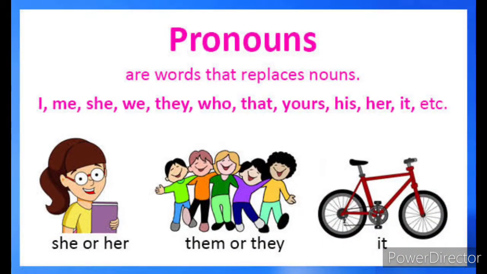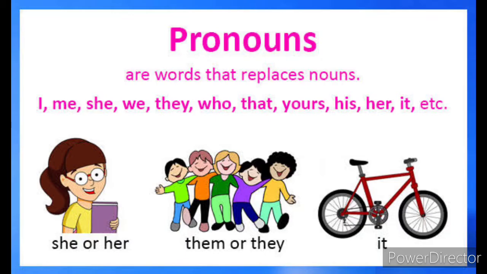Children, first let's know what is meant by pronouns. Pronouns are the words that replace the noun. See the examples here. The pronouns are I, me, she, we, they, who, that, yours, his, her, it, etc. These are the pronouns that we will use to replace the nouns.